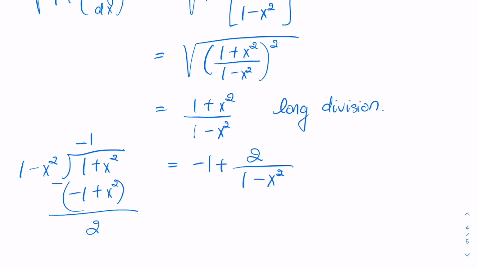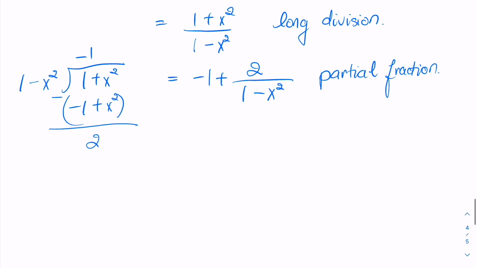Now we're going to have to do partial fractions. So you can see that we have 2 over 1 minus x, 1 plus x, and 1 minus x.